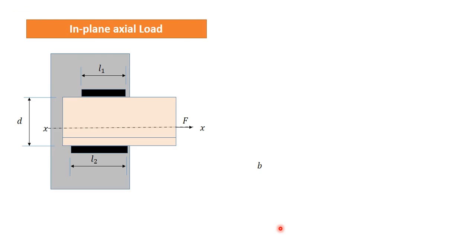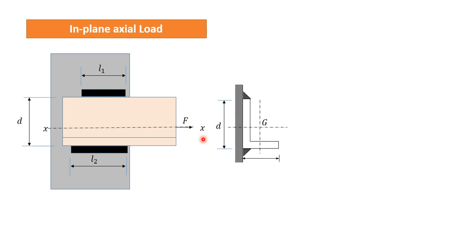The other kind of load is in-plane axial load. What is the meaning of in-plane axial load? That is clear from this figure. Here let us have this type of an angle, which has this much length, and that angle we want to fix on a wall using welding.